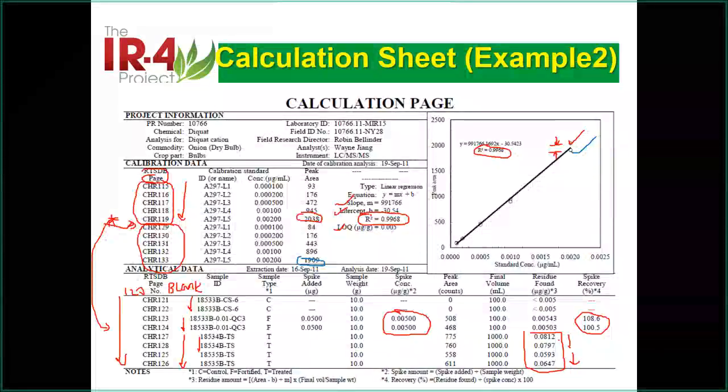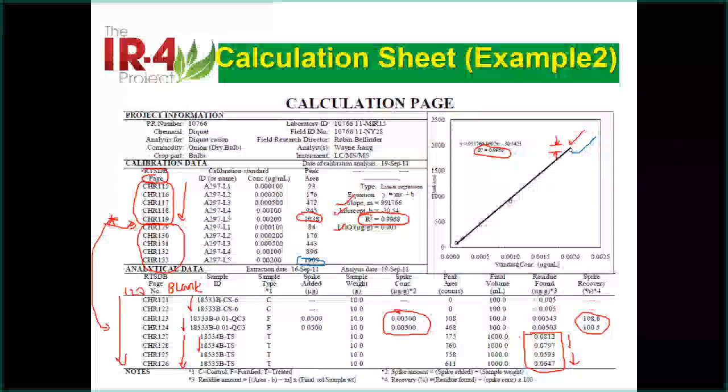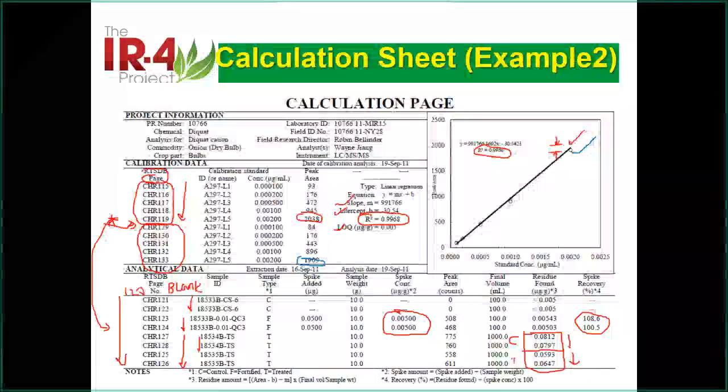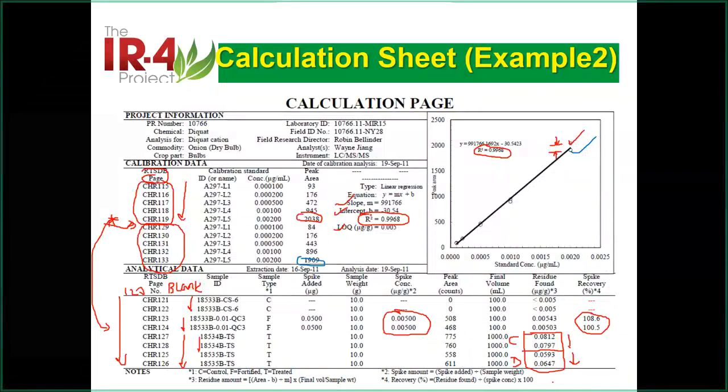If we round everything up, the first sample, this should be IR4 sample C, the first two are one sample. The sample rounded up is 0.08 ppm. Now the IR4 sample D here, rounded up, is 0.06 ppm.